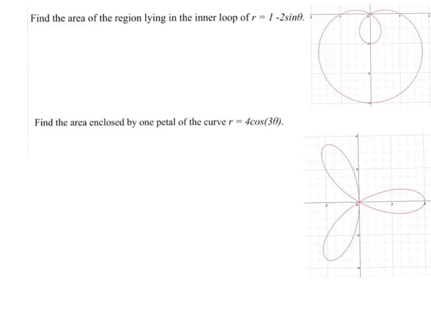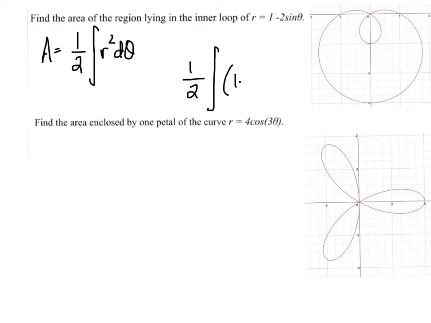So here, find the area of the region lying in the inner loop. Well, remember, area for polar is always 1/2 integral of r squared d theta. So we have a lot of information already. We can do 1/2 the integral of (1 minus 2 sine theta) squared d theta.